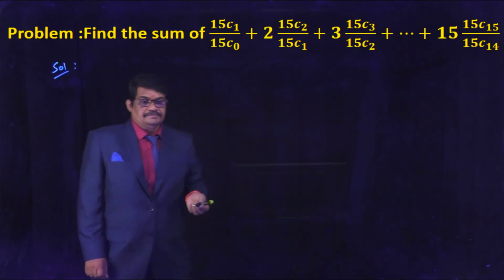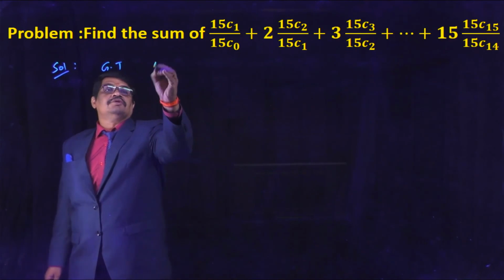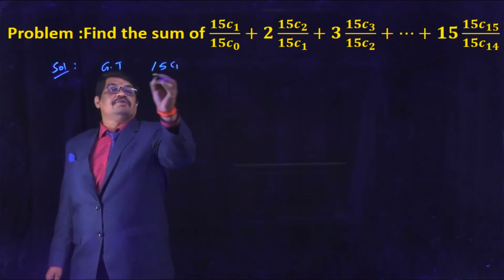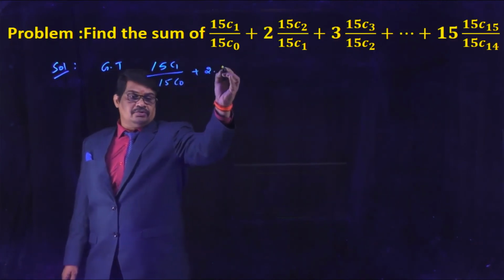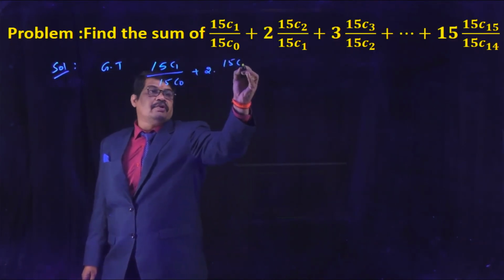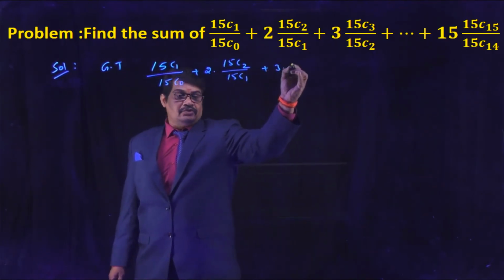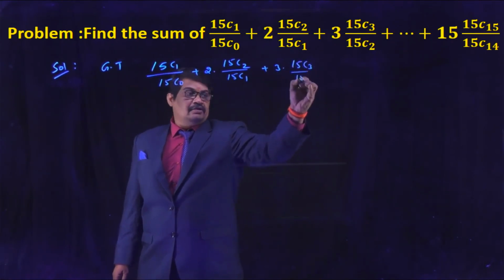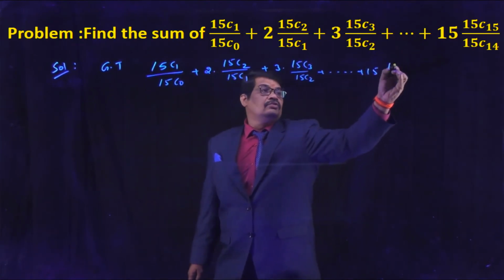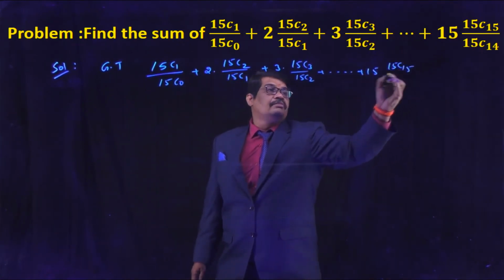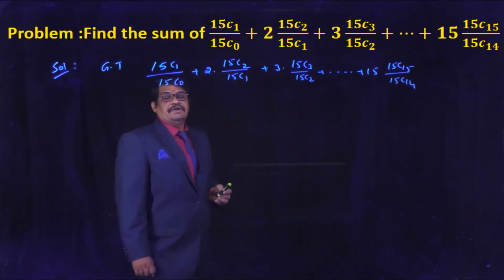So the given series is 15C1 by 15C0 plus 2 into 15C2 by 15C1 plus 3 into 15C3 by 15C2 and so on, plus 15 into 15C15 by 15C14. So this is our given series.